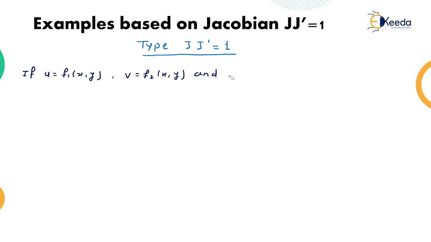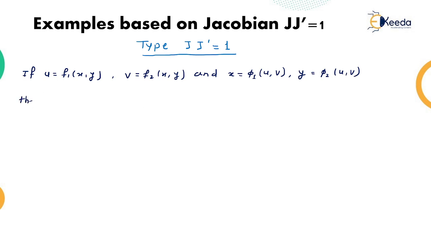We denote this function as x equals phi 1 of u comma v. Similarly, y is equal to phi 2 of u comma v, right?